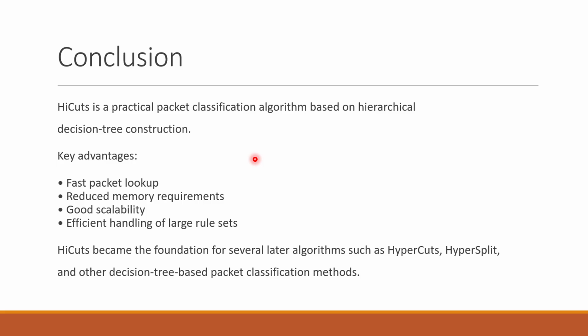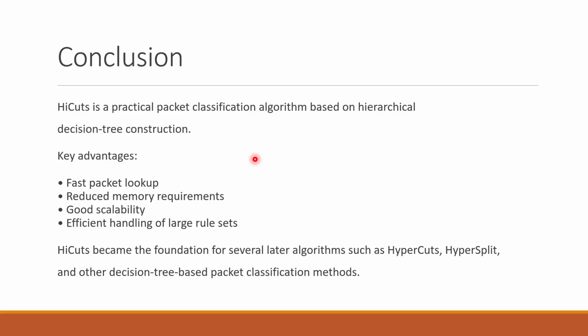Now, the conclusion. HiCuts is a packet classification algorithm based on hierarchical decision tree construction, and it has advantages and disadvantages.